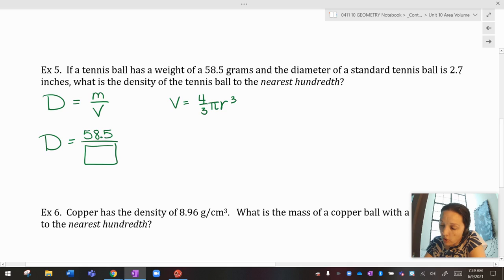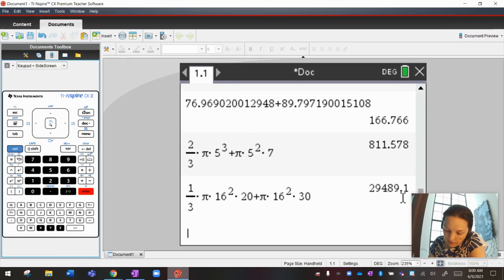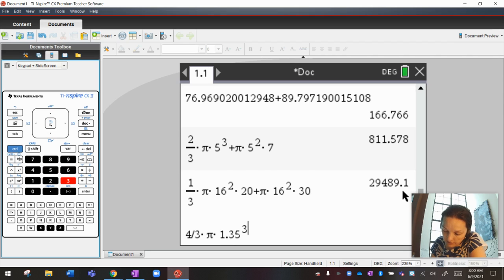If the diameter of the ball is 2.7, my radius is half of that, which is 1.35. So my volume is 4/3 pi times 1.35 cubed.